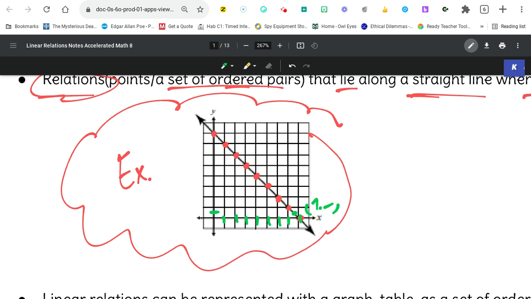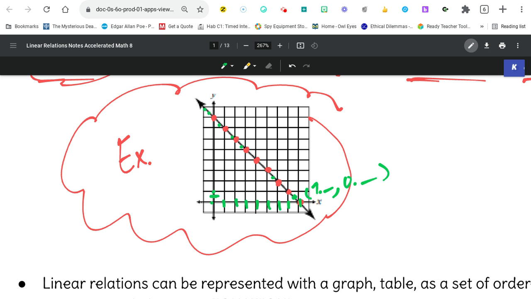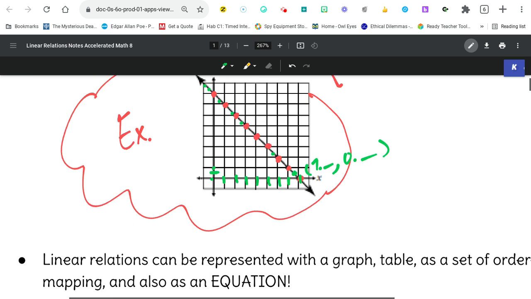I would say it's like 0.5. It's in between 0 and 1 on the y-axis, so it's 0 point something. But that's a point that's also on the line. This point lies on the line. This point lies on the line. Anything on that line is a point. Okay, it's an infinite amount of points on that line or ordered pairs, although you don't see them.